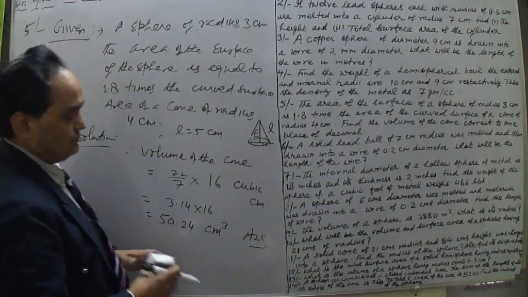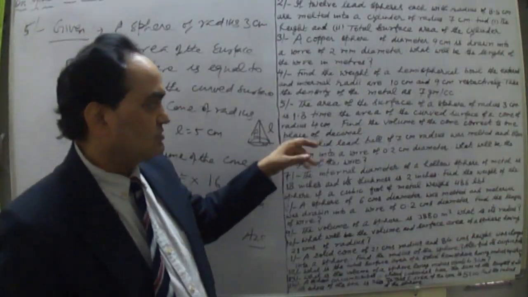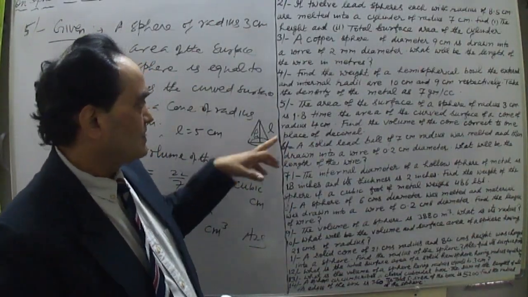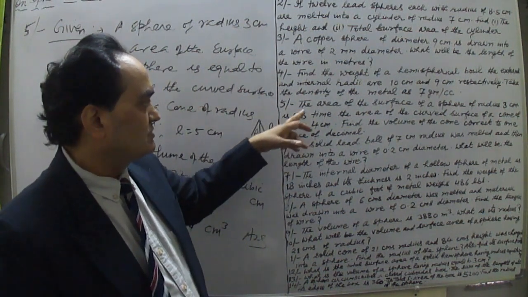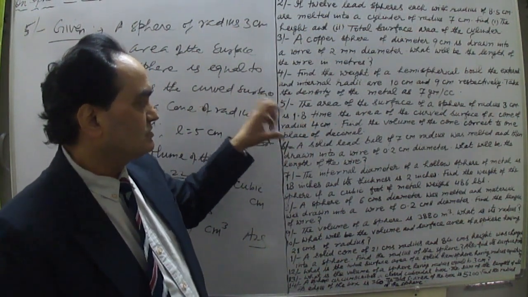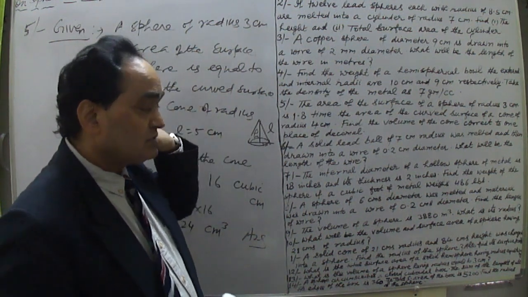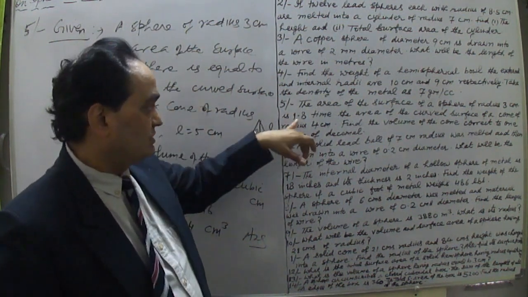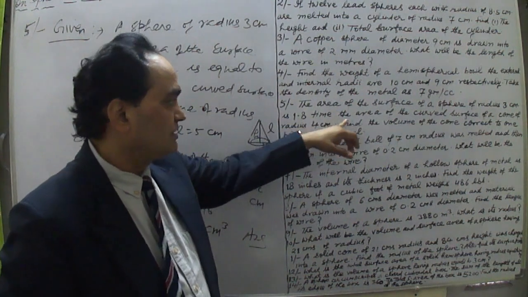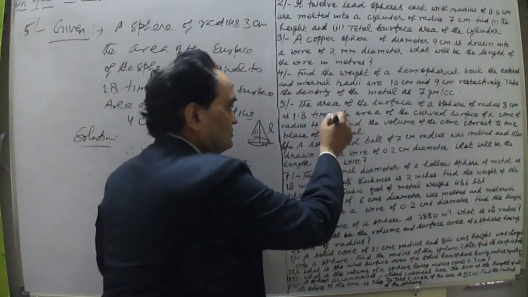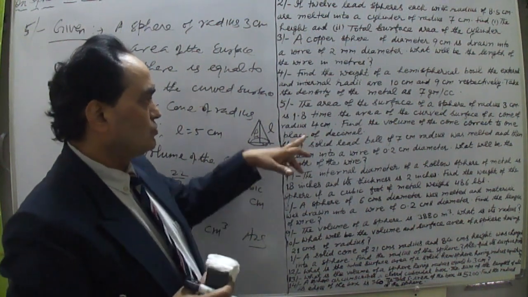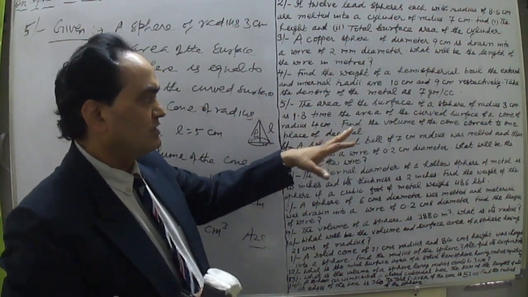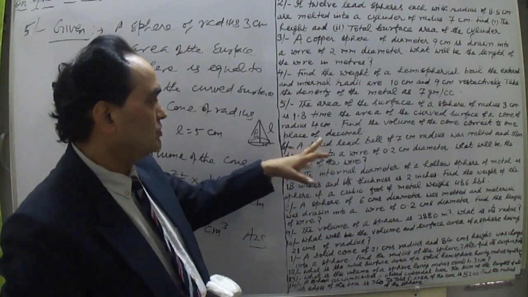It is the volume of the given cone, the cone which we have just obtained. It was given that the area of the surface of a sphere of radius 3 centimeter is 1.8 times the area of the curved surface of a cone of radius 4 centimeter. Then find the volume of the cone corrected to one place of decimal.